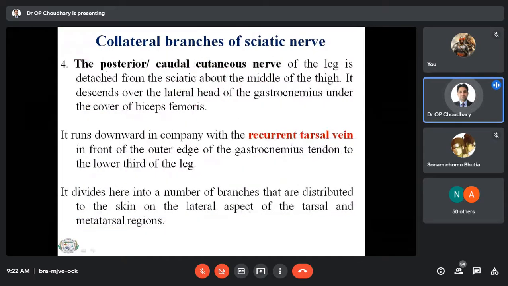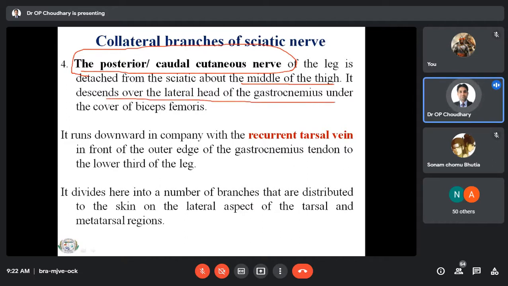Number 4 is the posterior, also called the caudal cutaneous nerve, and it is detached from the sciatic nerve about the middle of the thigh. It descends over the lateral head of the gastrocnemius under cover of the biceps femoris muscle, and it runs downward in company with the recurrent tarsal vein in front of the outer edge of the gastrocnemius tendon to the lower third of the leg.